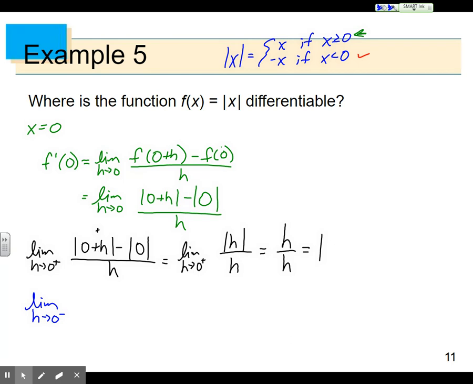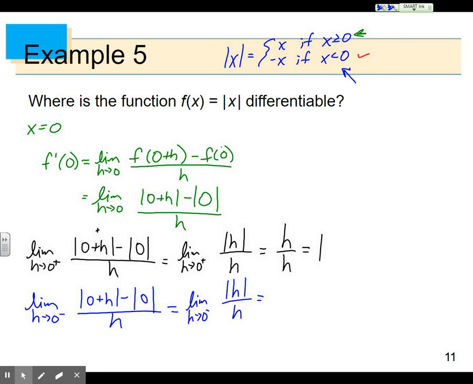Okay, let's approach 0 from the left. So the limit as h approaches 0 from the left would still be absolute value of h over h. But this time, if I'm approaching 0 from the left, it falls down into this bottom piece right here.